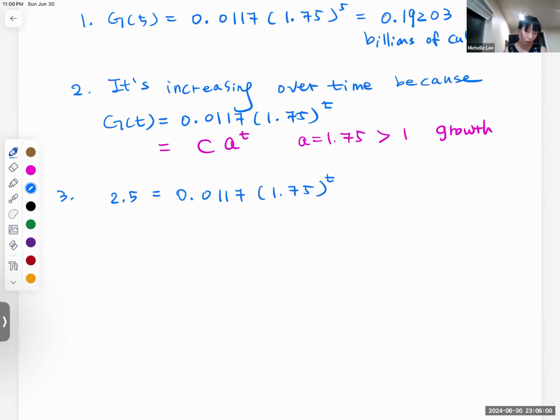Now we want to find t, so we need to get rid of this coefficient. It's multiplication, so we use division, dividing by 0.0117 on both sides.